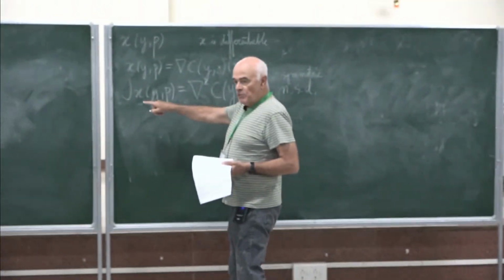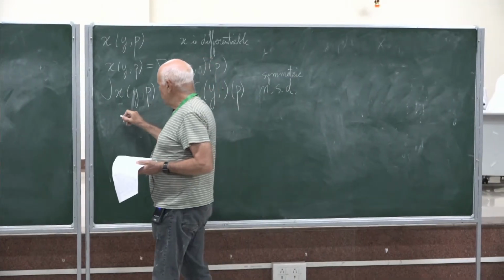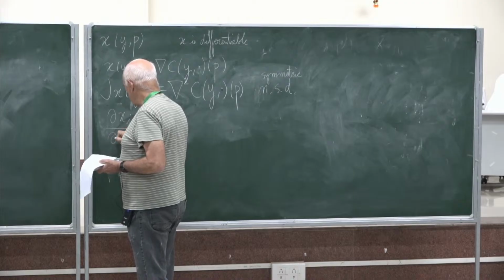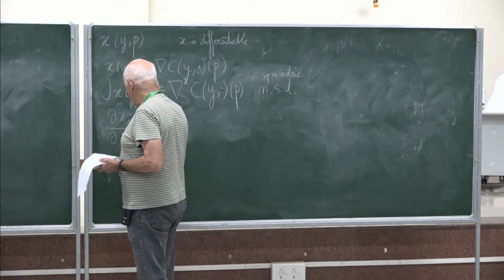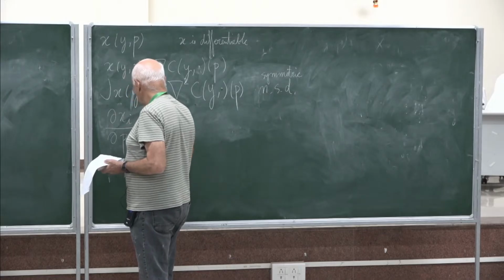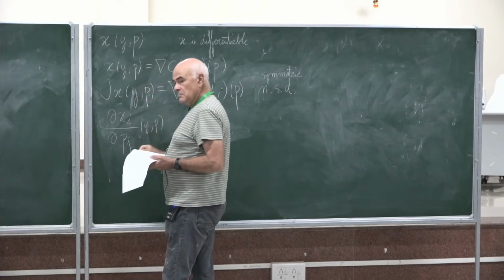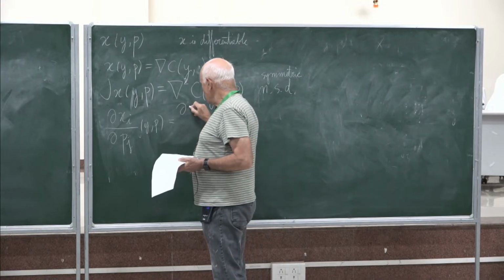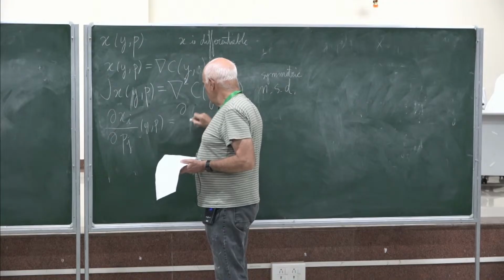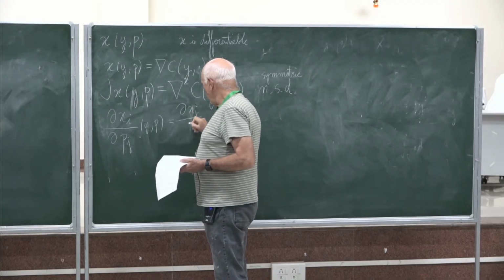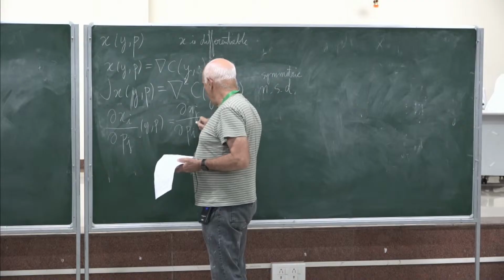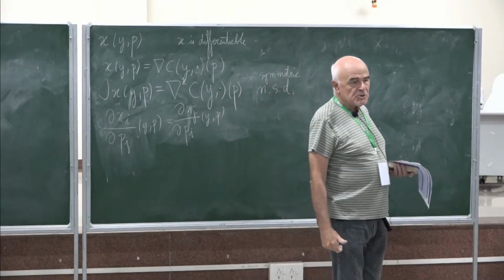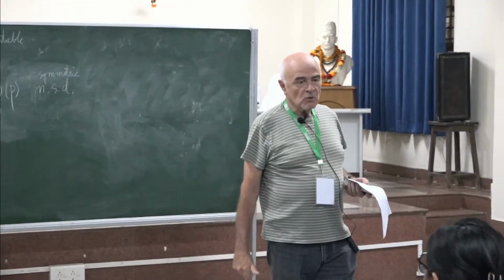What are the entries of this Jacobian matrix? The partial derivative of xi with respect to pj. By symmetry, this is equal to the partial derivative of xj with respect to pi. It's very interesting, and to me, I'm not an economist, surprising.